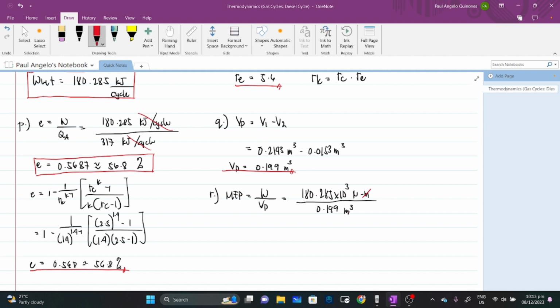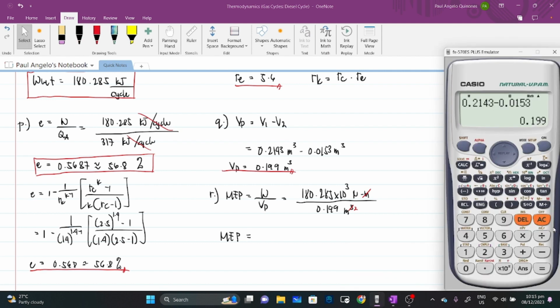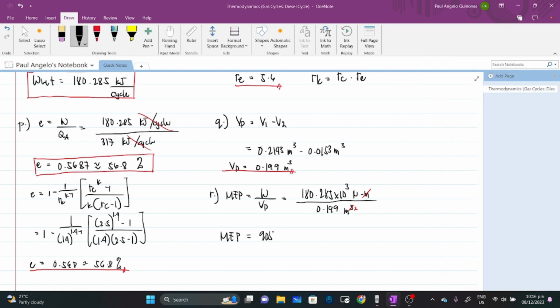So meters and meter cube will cancel, leaving us with meter squared, leaving us with the mean effective pressure of 180.285 kilo divided by 0.199. So that is 905.954 kilopascal. Okay, so we've already solved for the entire cycle.